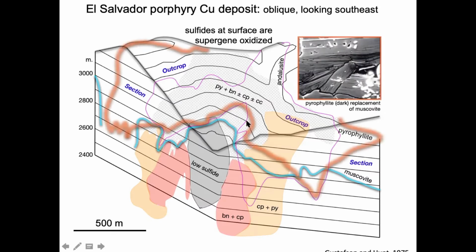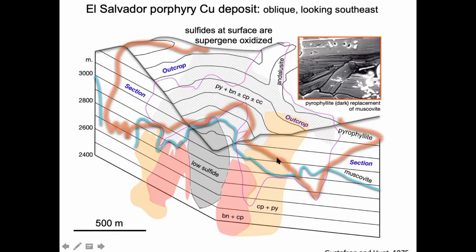Subsequently, as the fluids are cooling, this is the zone of perovskite, and you can see how it matches the distribution of the muscovite, except that muscovite is much wider in distribution, whereas the perovskite is proximal over the top of the porphyry copper ore body.